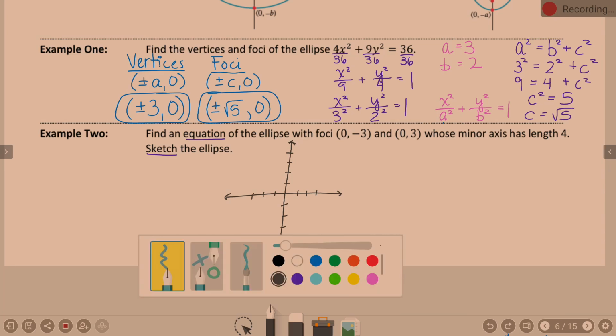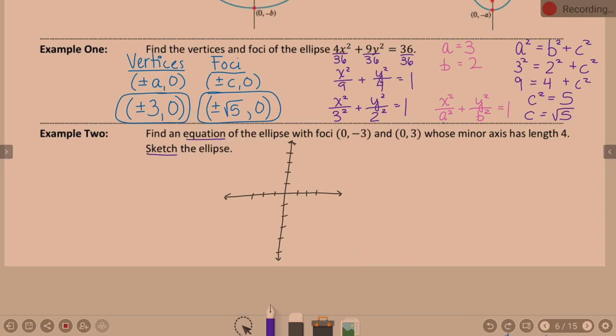What's the one thing we can put on that graph right now? We have foci at 0, -3 and 0, 3. So where's 0, -3 and 0, 3?